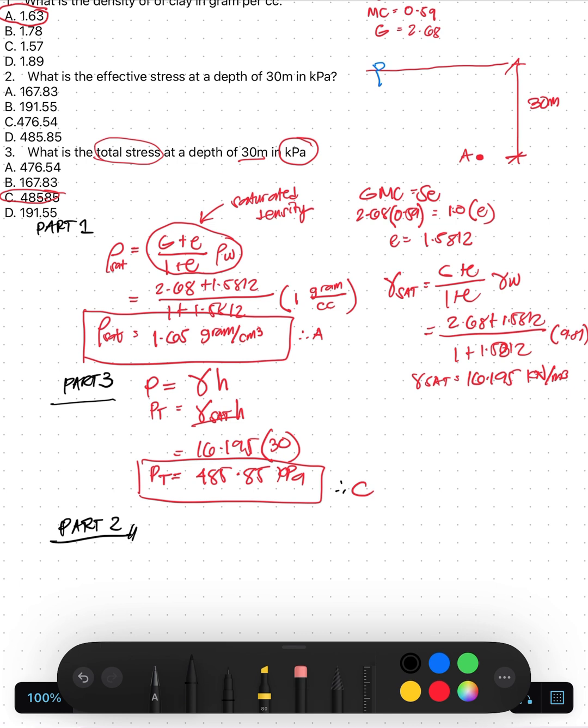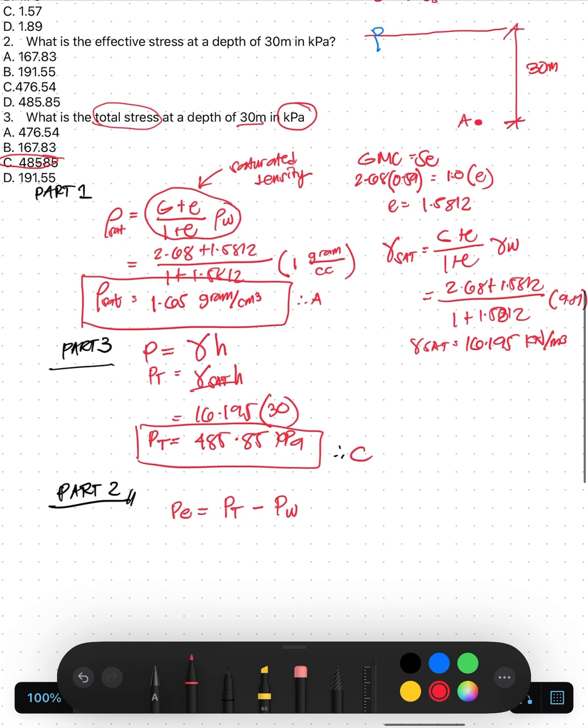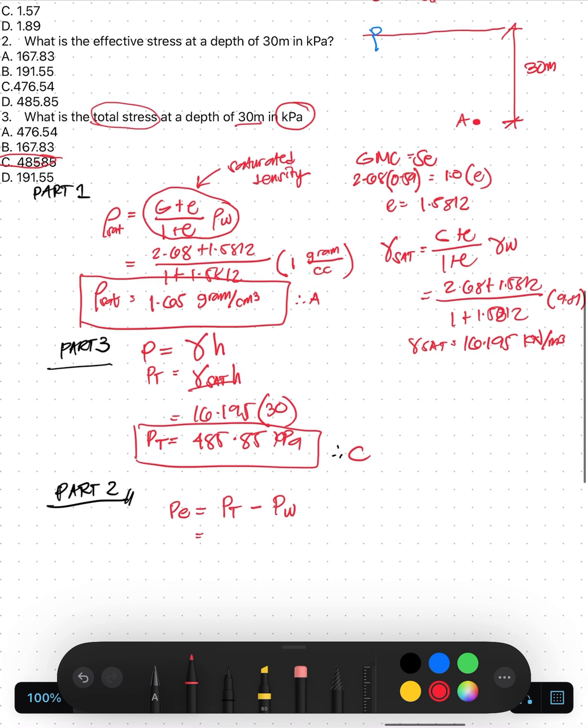So next, part 2. For our effective stress, it is just equal to the total stress minus the pore water pressure. The total stress as already calculated is 485.85. Now the pore water pressure, that is the water pressure from the ground surface down to 30 meters below the ground surface.